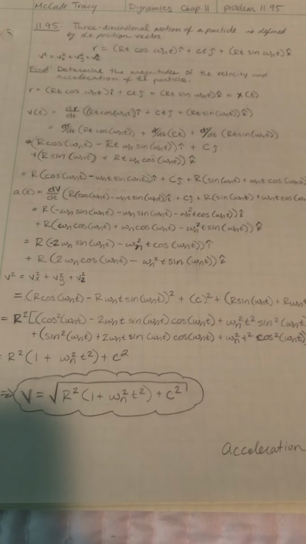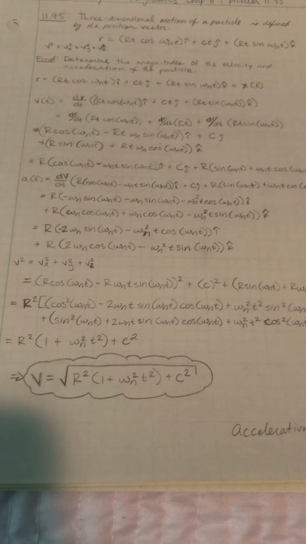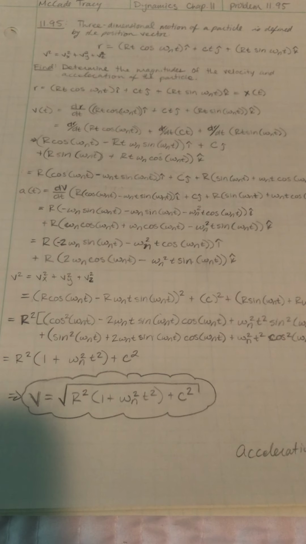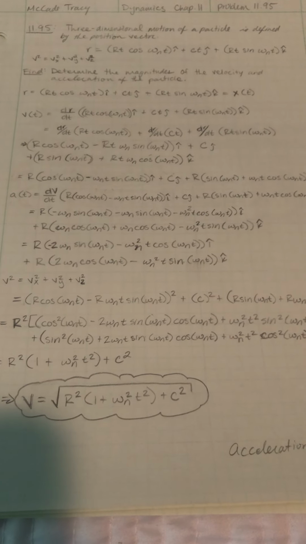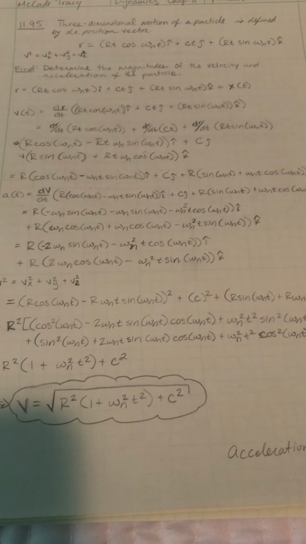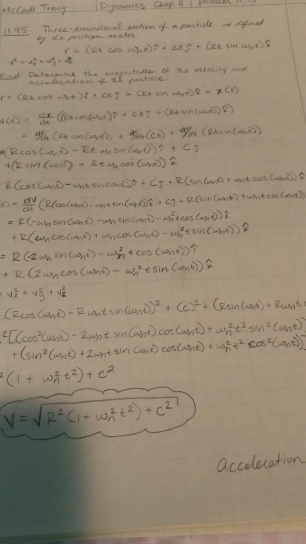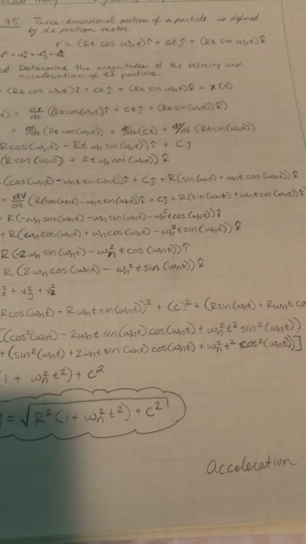We're able to find that our velocity function is equal to the square root of R squared times 1 plus omega n squared t squared plus c squared.